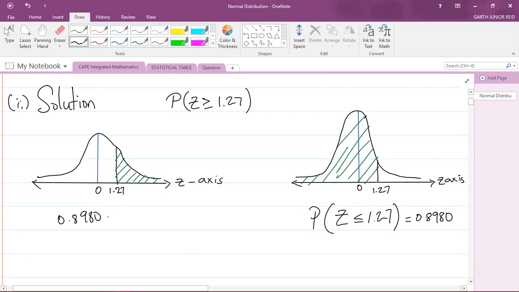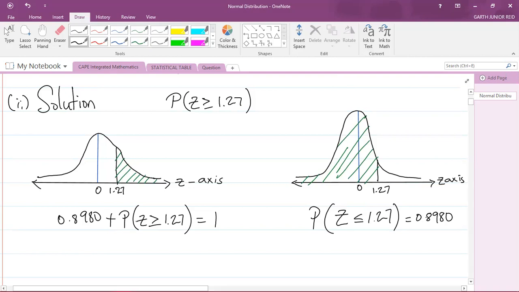And I know that when I add it to the probability that I'm trying to find, that is the probability of z being greater than or equal to 1.27, when I add those probabilities that you see shaded here in the two diagrams, it should be equal to 1, right? Because the area to the left of 1.27, which is 0.8980, plus the probability to the right of 1.27, which is what we're trying to find, when we add those two probabilities, it must be equal to 1.